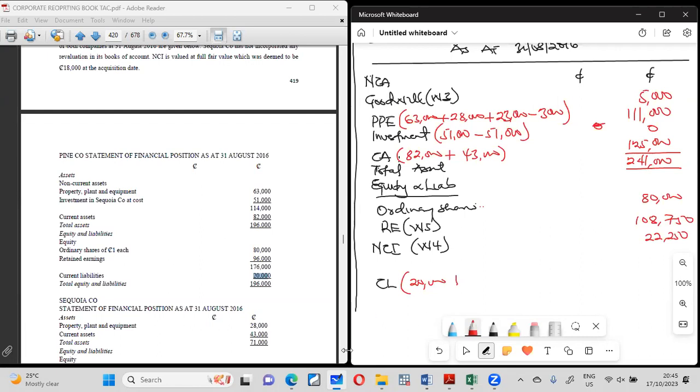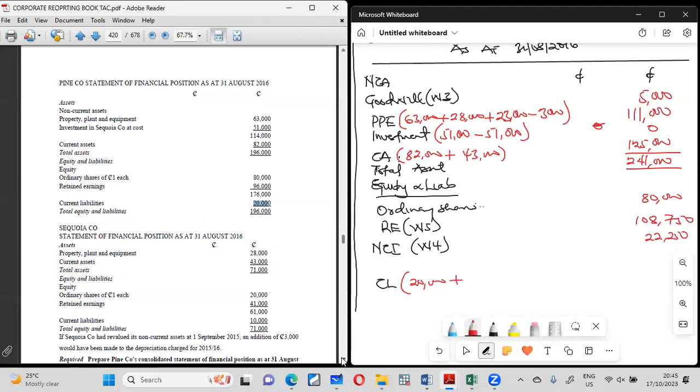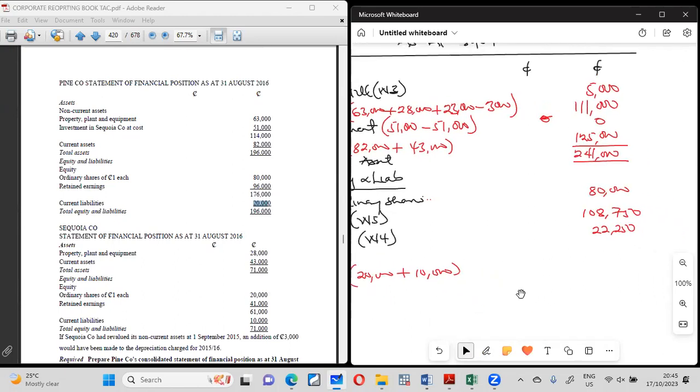So here is 20,000 plus 10,000, so that one gives us 30,000. So let's see if you balance.